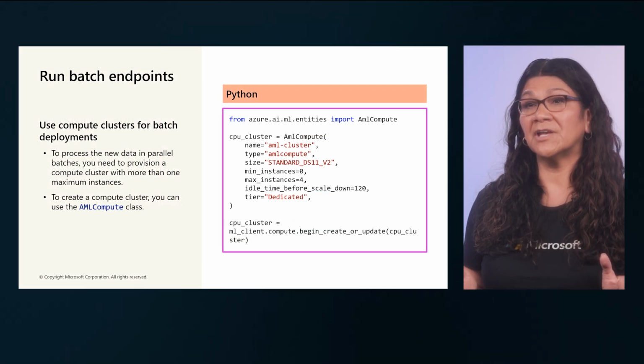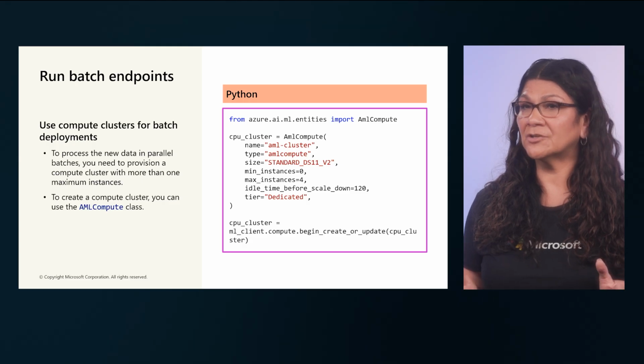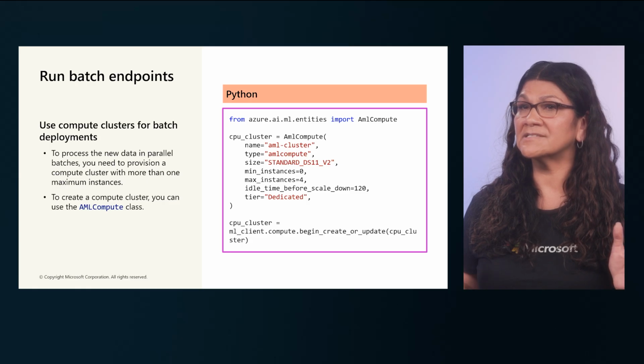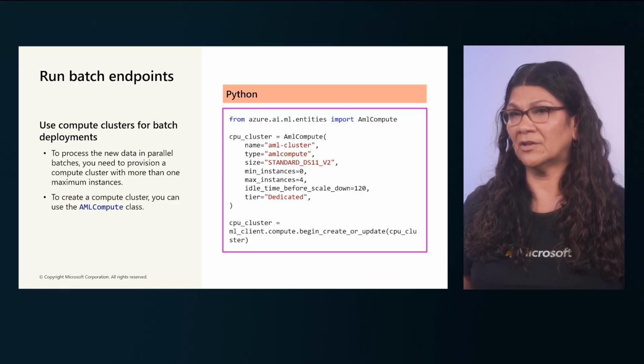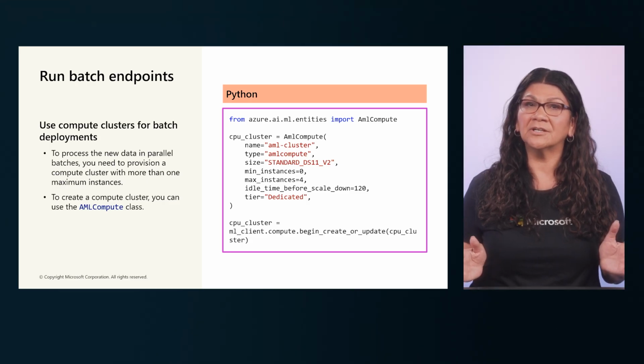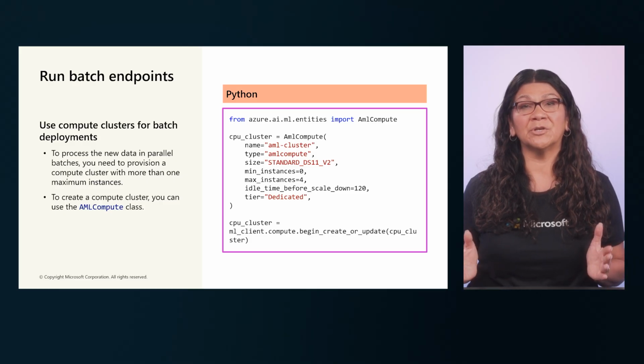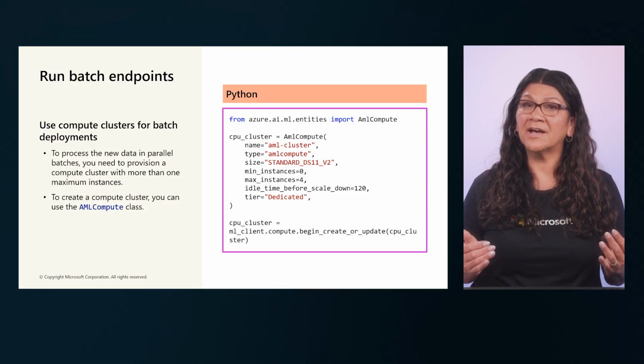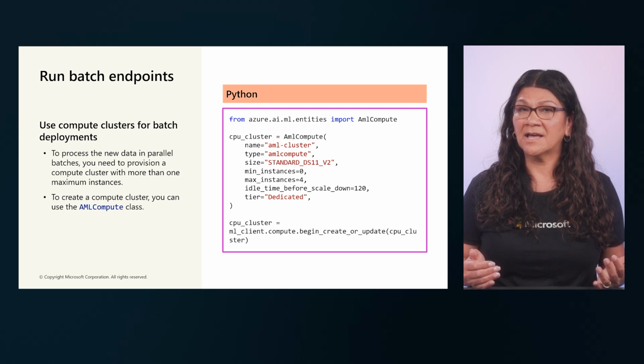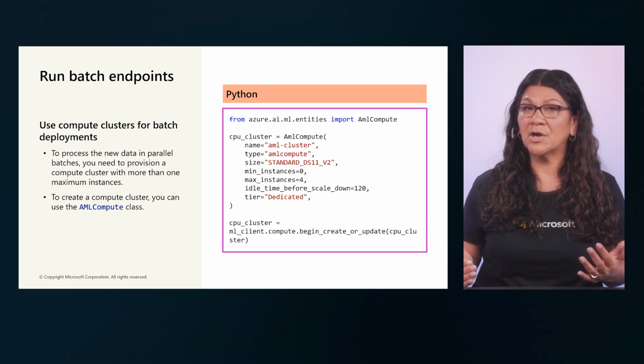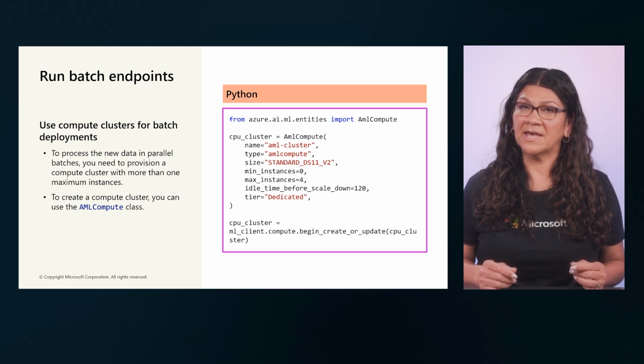When running batch endpoints, Azure Machine Learning typically relies on compute clusters to process large data sets in parallel. You define a cluster with the AML compute class, specifying details like the VM size, minimum and maximum nodes, and the auto-scale behavior.